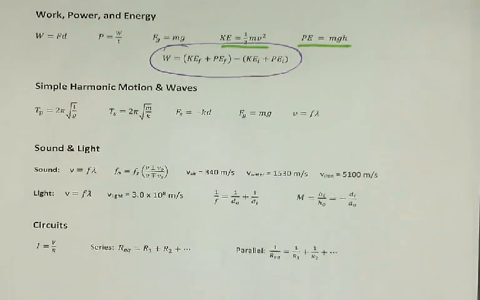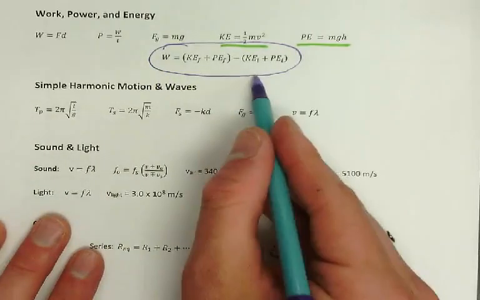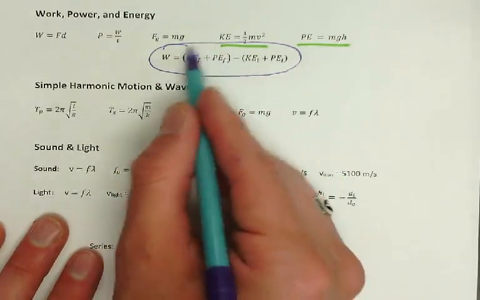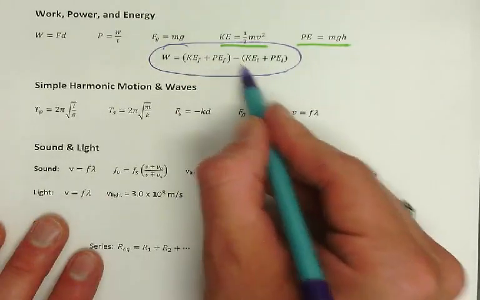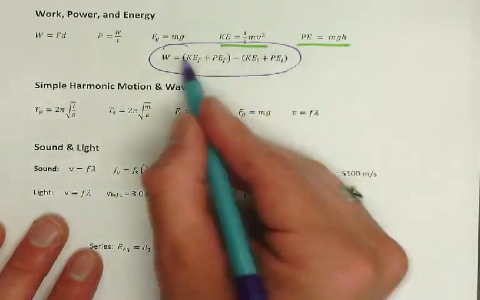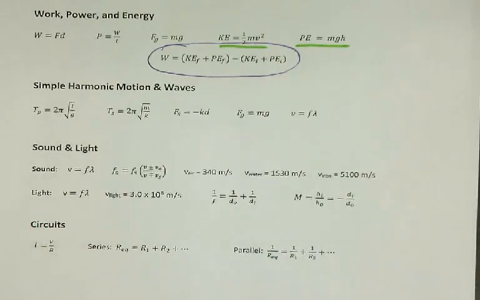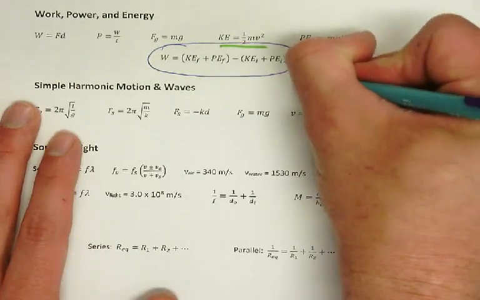So that would not be fun. However, what we can do is talk about how work causes an energy change. So work equals final energy minus initial energy. And the final energy is just kinetic plus potential. The initial energy is just kinetic plus potential. So this is the equation we're going to use.